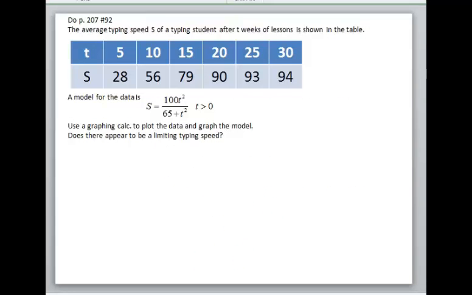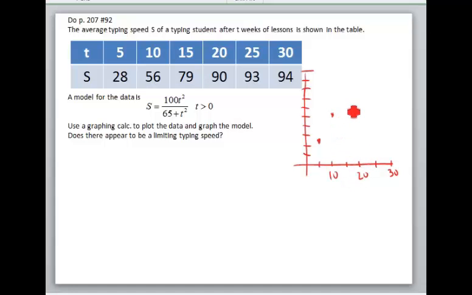The last example shows me a table, and it gives me the typing speed of a student. It says this is the model for the student, and to use a graphing calculator to plot the data. I don't really need to use a graphing calculator to plot this data. I'll just sketch it very quickly. 5, 10, 15, 20, 25, 30. Then I'll count my 10s here: 10, 20, 30, 40, 50, 60, 70, 80, 90, 100.